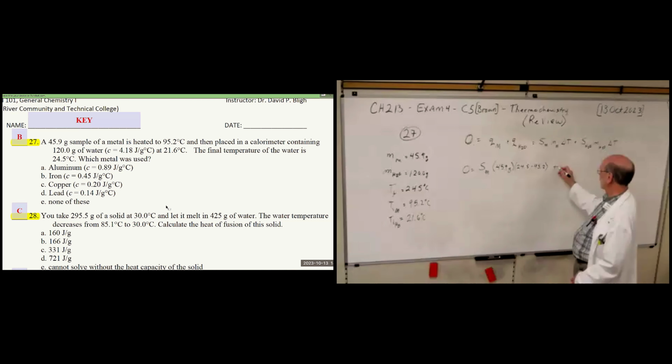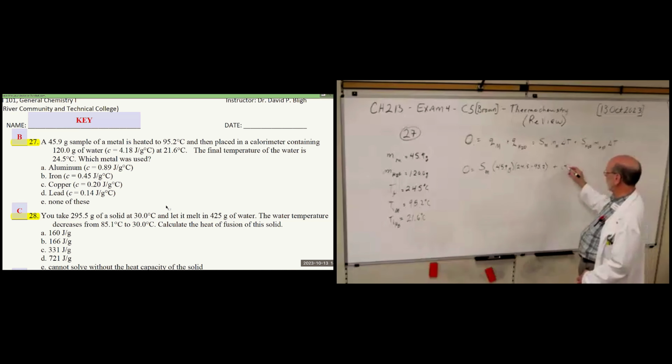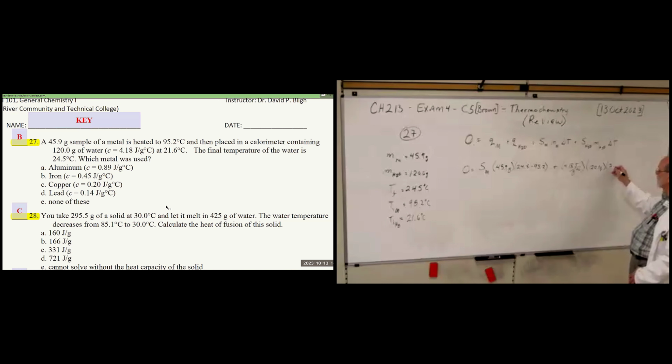And then plus the water factors, which would be 4.18 joules per gram degree C. And then the mass of the water is 120 grams. And then the change in temperature, same final temperature, minus the initial temperature, which was 21.6.